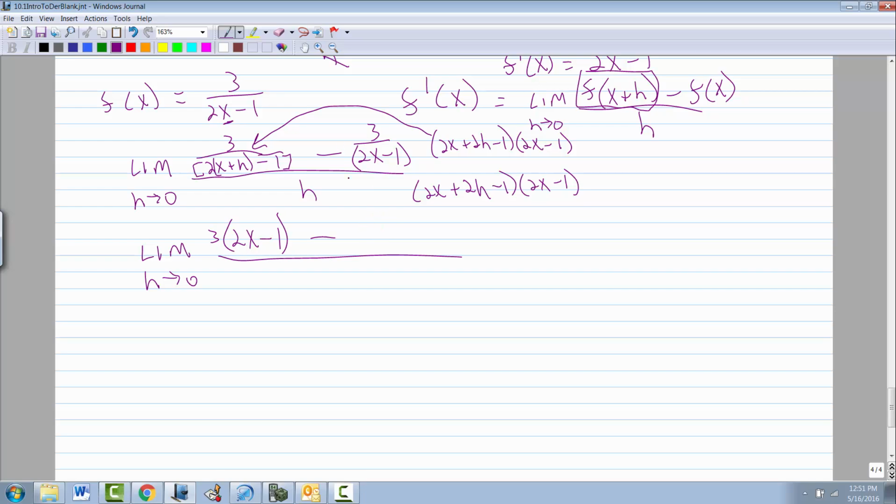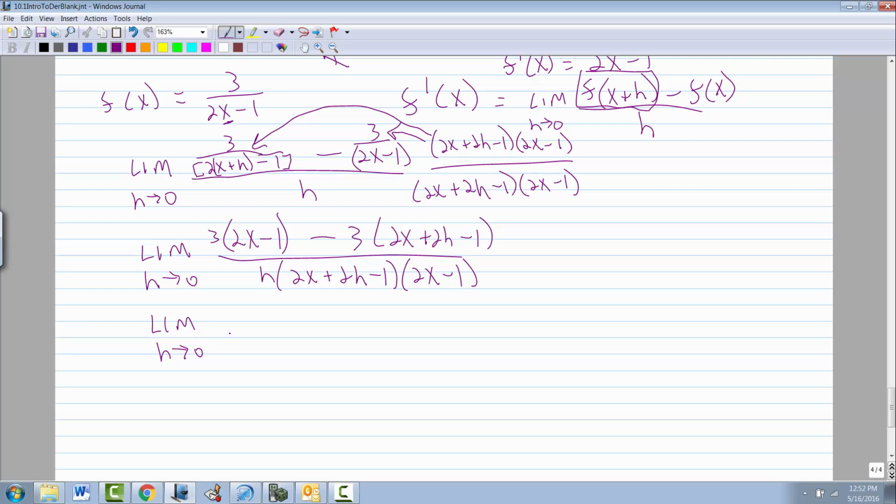All right, and then minus 3 times, who cancels here when I throw this bad boy or girl there? 2x minus 1, so you're left with 2x plus 2h minus 1 all over h. Oh, don't forget about writing this. Remember, you had to multiply top and bottom because this is a form of 1. This is 1. This is just the math you would do in order to simplify this fraction within a fraction. Okay, a little bit of annoyance.